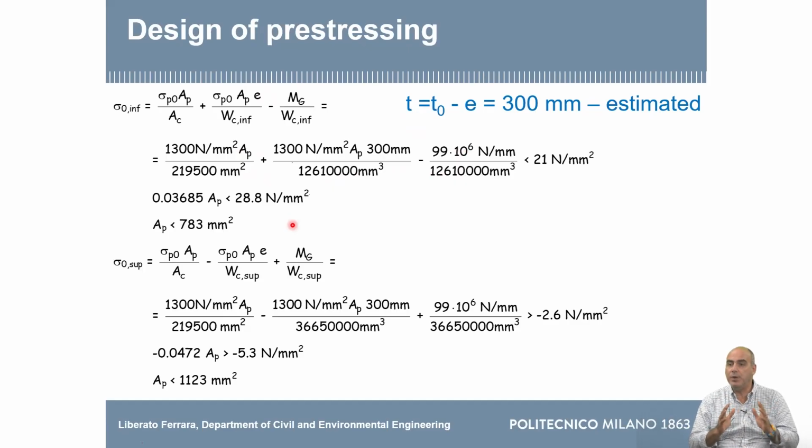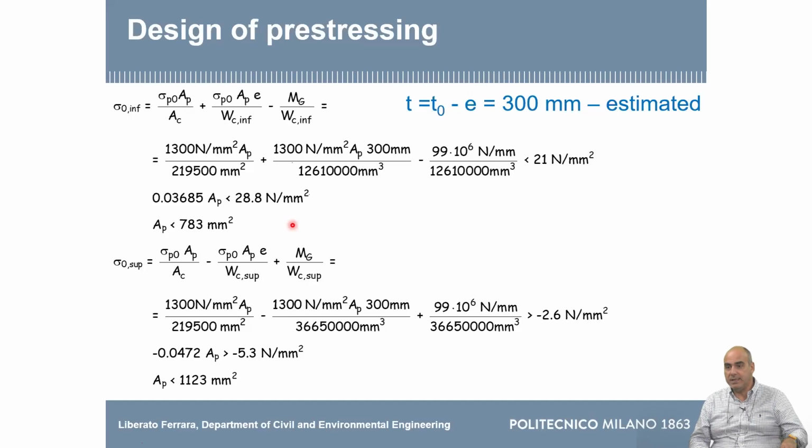I end up with two equations. They are actually two inequalities, which both state that AP, the area of the pre-stressing, should be lower than something. I have two values, and since what I get from here is an upper bound for pre-stressing, I have to select the lower number between the two.